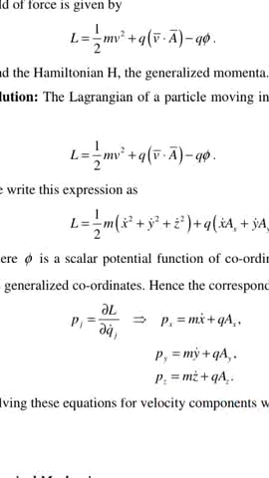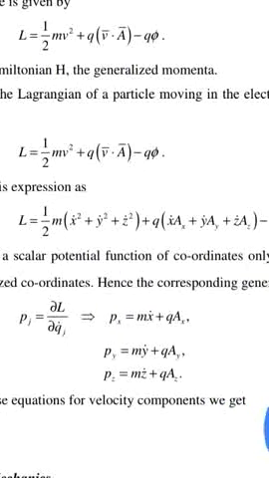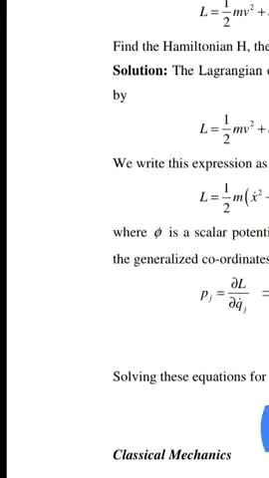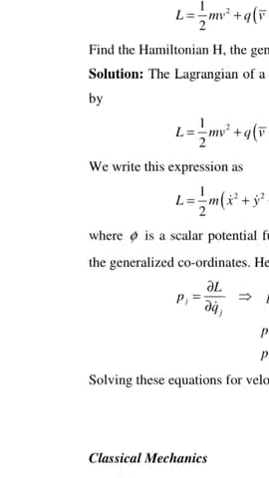Solution. The Lagrangian of the particle moving in the electromagnetic field is given by L = 1/2 mv² + q v bar dot a bar - qφ.